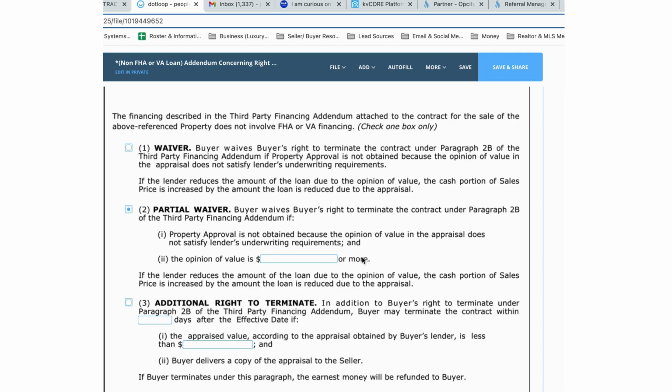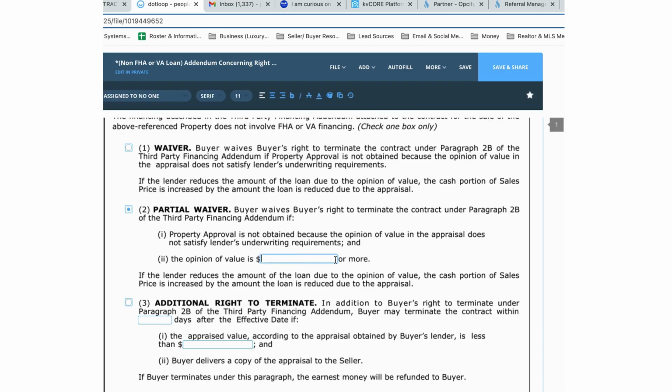Now in this choice, buyer must buy regardless of the appraised value and pay the difference between 3C price and the 3B reduced lower loan, up to a certain amount in cash. So you'll put the max amount that you're willing to do, okay, or more.